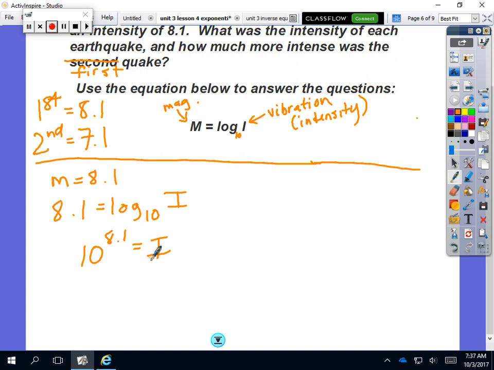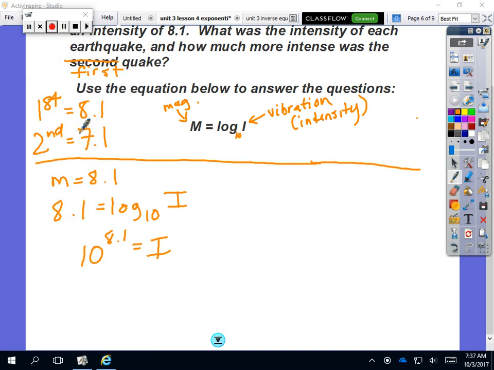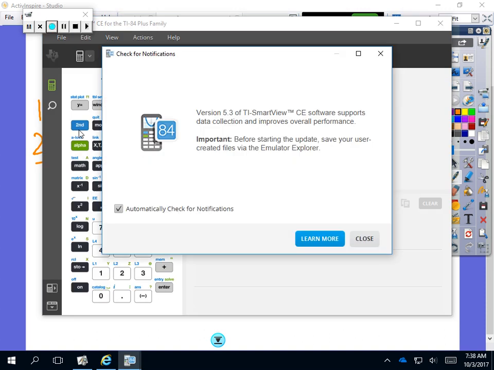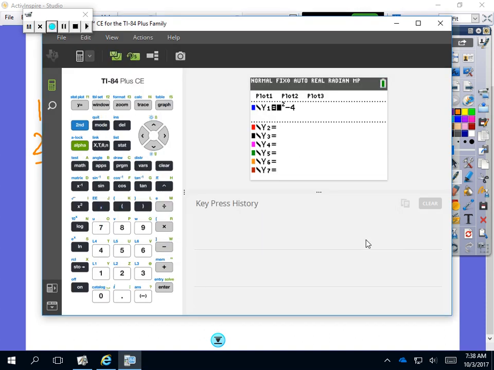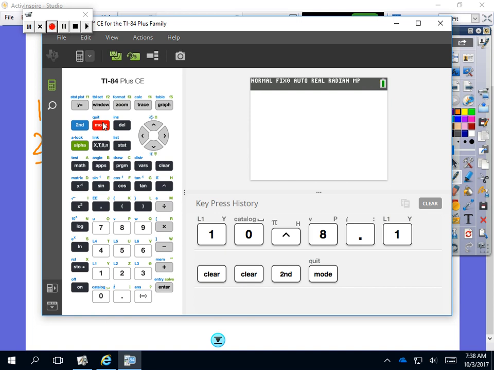And if you put that in your calculator, 10 to the power of 8.1. Let's clear that. We want to go to the main screen.